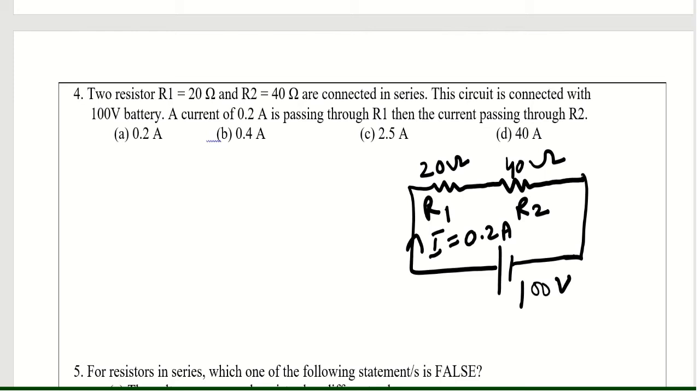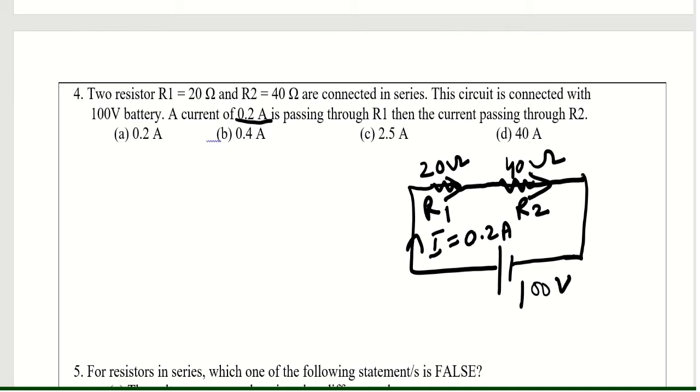Now they say the current of 0.2 ampere is passing from here, passing through R1. So how much current is passing through R2?